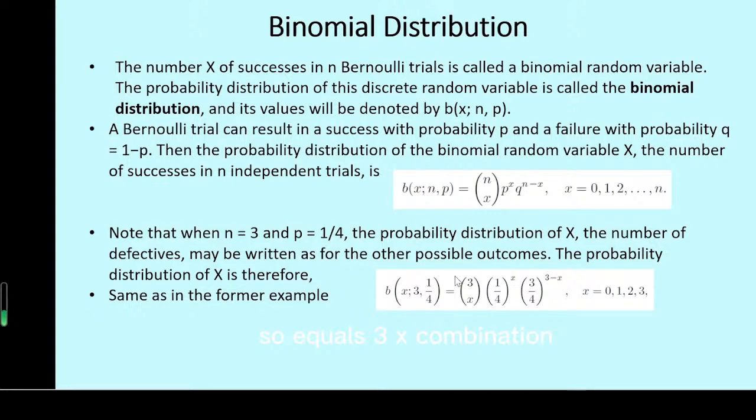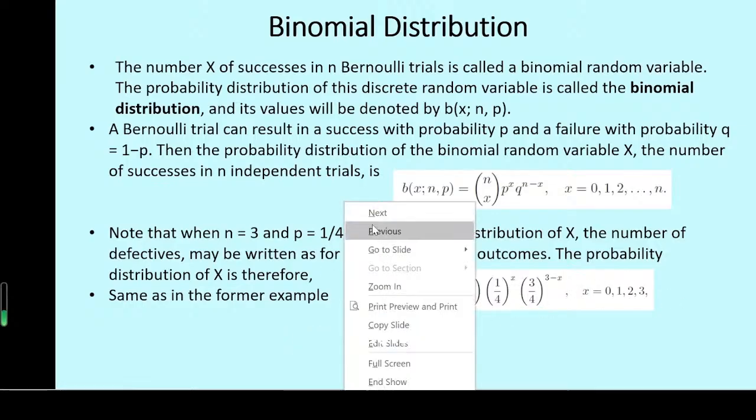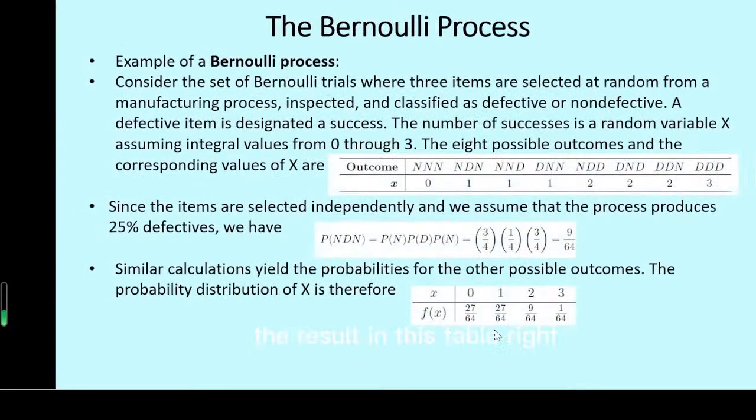So it equals C(3, x) times (1/4) to the power x times (3/4) to the power 3 minus x. x can be 0, 1, 2, 3. So this formula will actually give the results in this table, right?